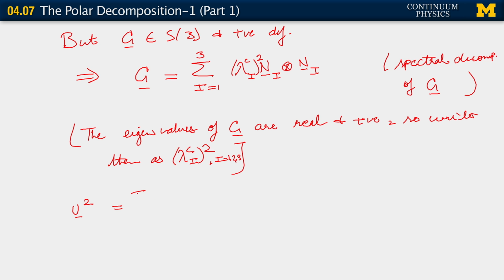Okay. U square is lambda 1 n1 tensor n1, and I realize I'm saying one thing and writing another, so I need to be a little careful here.